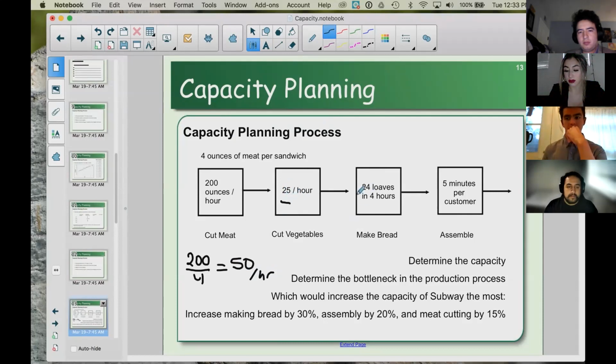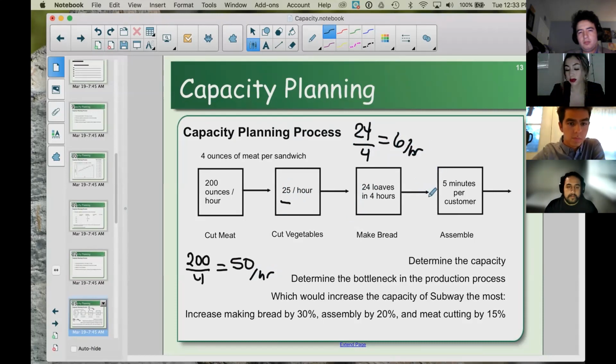When it comes to making bread, we can make 24 loaves in 4 hours, which means that in 1 hour, we can make 6 loaves. And let's assume that there's 1 loaf of bread per sandwich. So we have 6 sandwiches an hour.